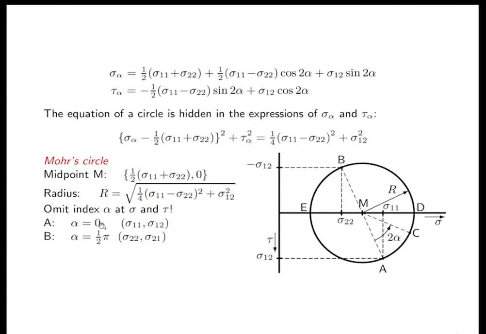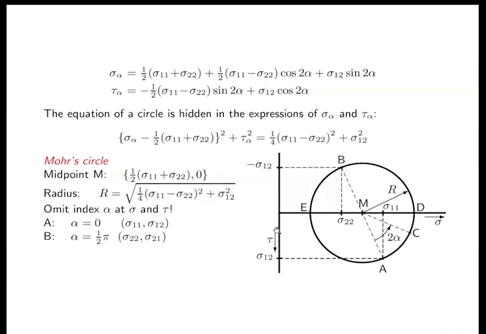For alpha equals 0, point A is representing the sigma 1,1 component and the sigma 1,2 component. And this is now, again, convention. We decide to plot the shear stresses in the negative direction, not in the positive direction, such that the rotation has a certain meaning.